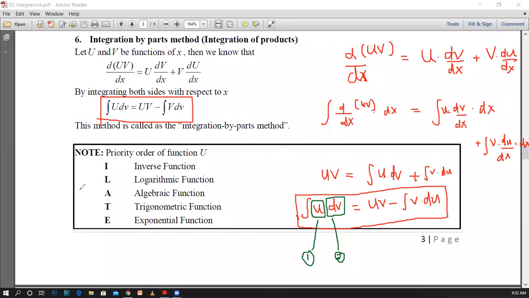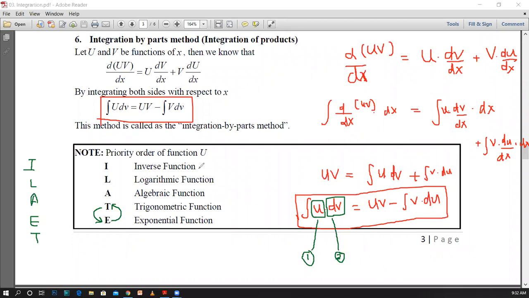For the identification of function u, you can use this technique. Here, the exponential has to come above the trigonometric function. The order is I L A T E, where I stands for inverse function.